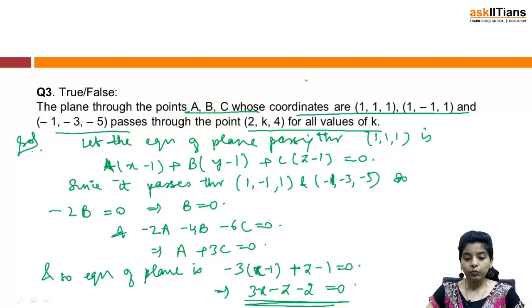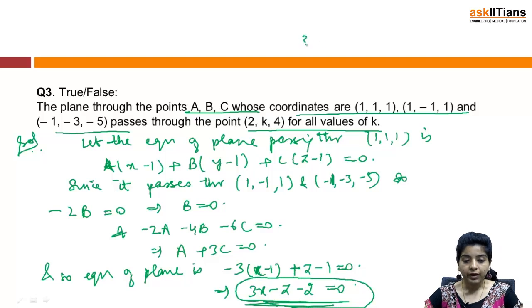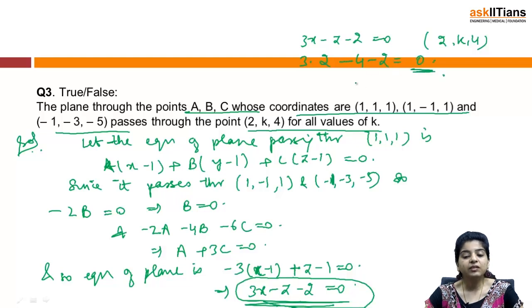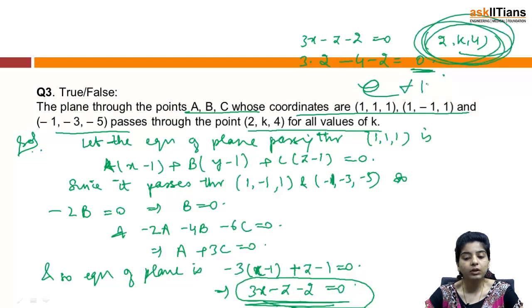Now the question was: passes through the point (2, k, 4) for all values of k. First of all, this equation should pass through (2, k, 4), right? So I have 3x - z - 2 = 0, and I need to test whether it passes through (2, k, 4). x is 2, y is not there, z is 4, so this becomes 6 - 6 = 0, and since it is independent of y, it will pass through this particular point for all k.